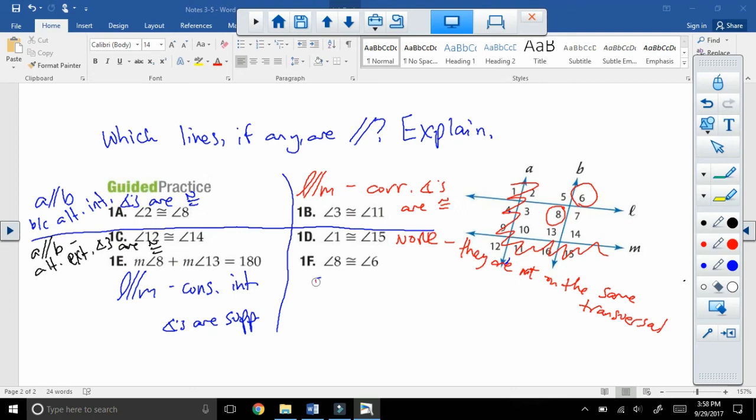So this would be another one where there wouldn't be any parallel lines, and you could just write, because the vertical angles are congruent. That's not enough information to say that any of these lines have to be parallel. These could be really far off, not parallel, and these angles would still be congruent.